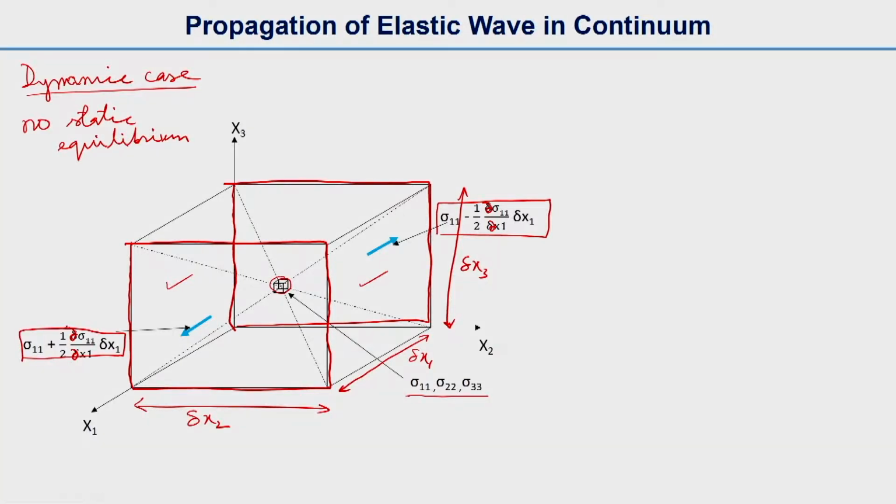So this term, half of partial of sigma 11 with respect to x1 delta x1, means the variation of stress when we move from the center point to this front surface.